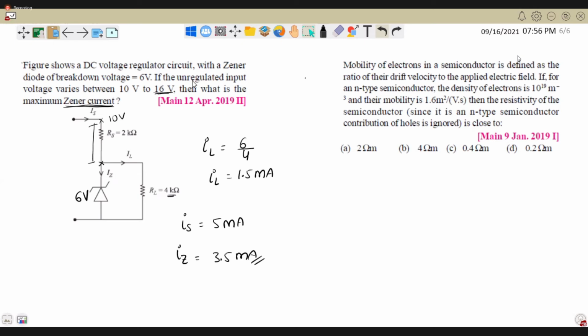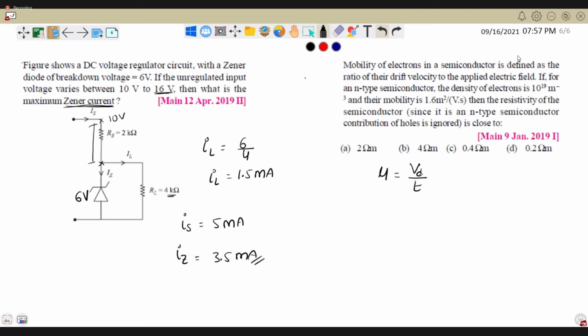Yeah. What's the answer? 0.4. Mobility of electrons in a semiconductor is defined as the ratio of their drift velocity to the electric field.